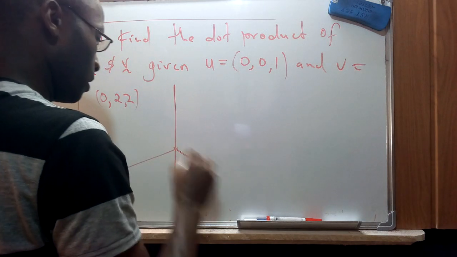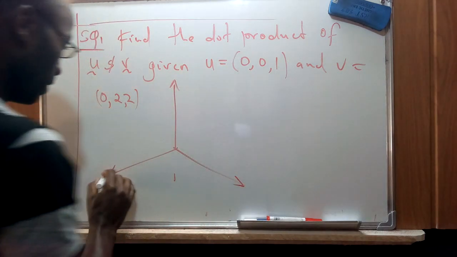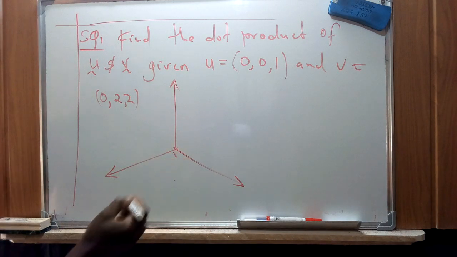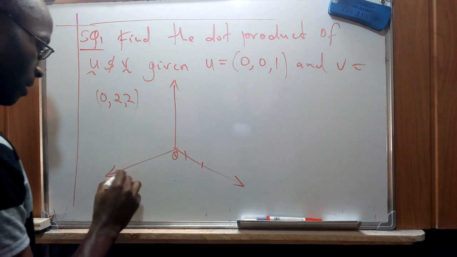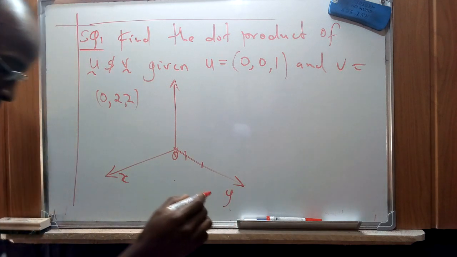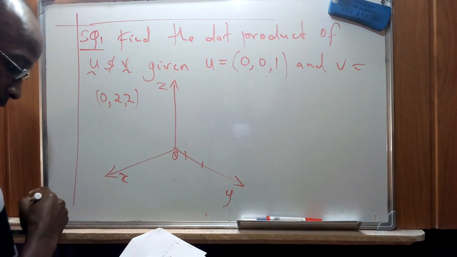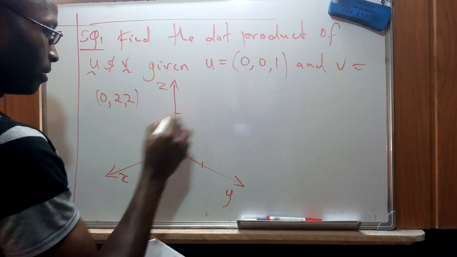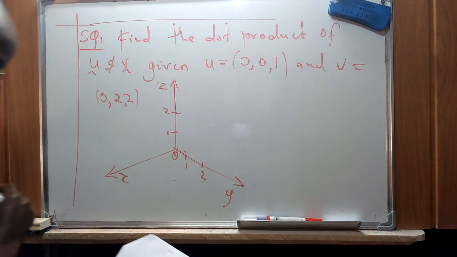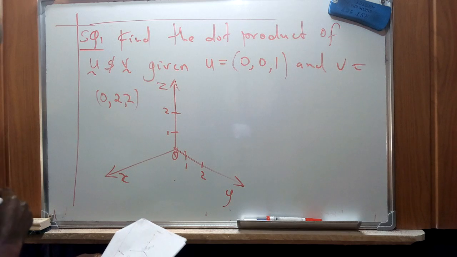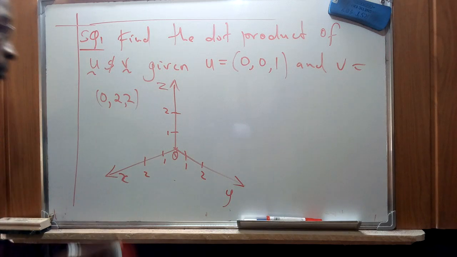Now, assuming this is the position of that specific particle, we can give a rough estimate for the x, y, and z components. This is 1, 2, and this is 1, 2.